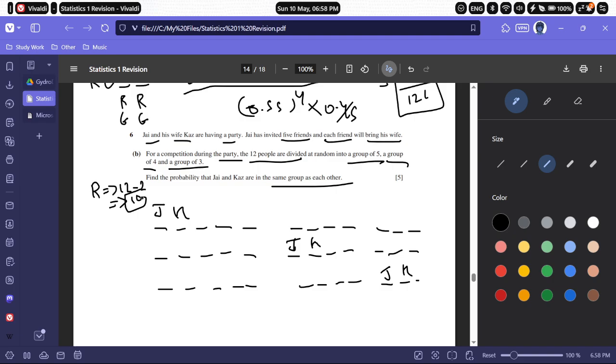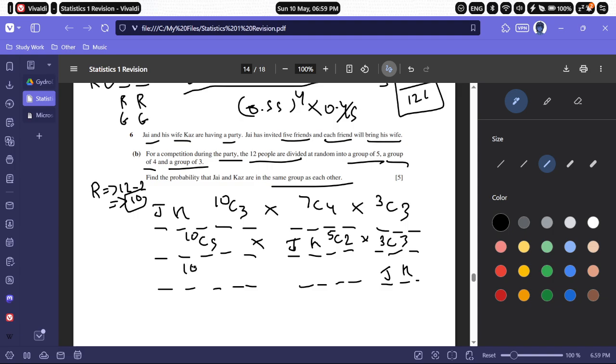Now just think about how you choose them in the remaining gaps. So this would be 10C3 times, you're left with 7, so 7C4 times 3C3, which is this one, but I'll just write it. Then you have 10 again, so 10C5 times, you have 5, so 5C2 times 3C3.